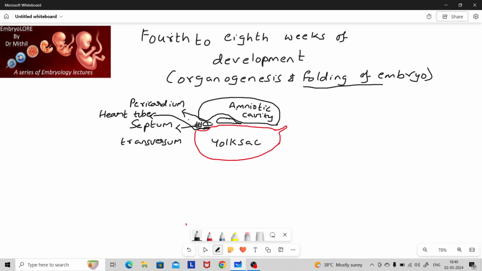From above to below, in the craniocaudal direction, we will be seeing, and the labeling is still going on.